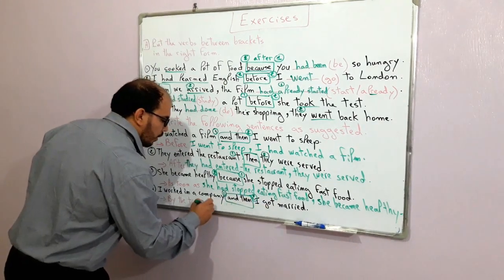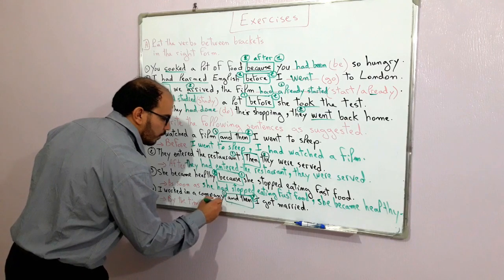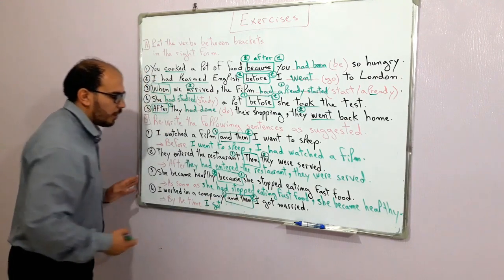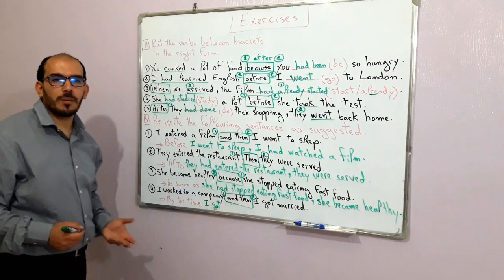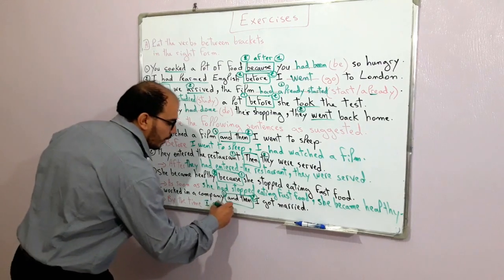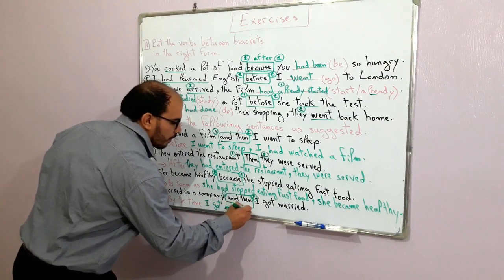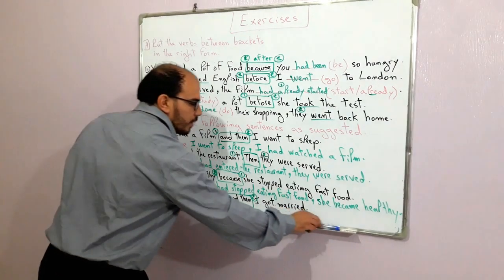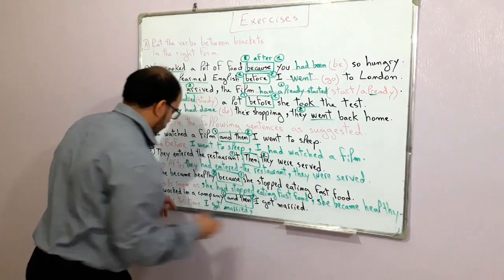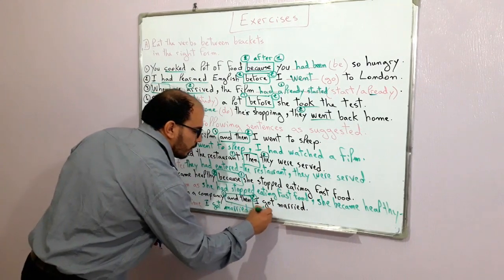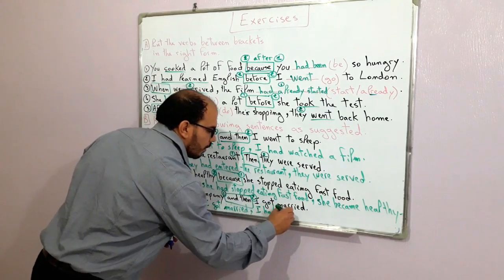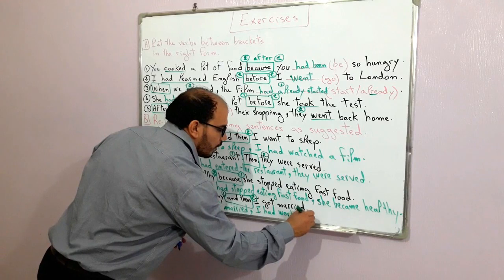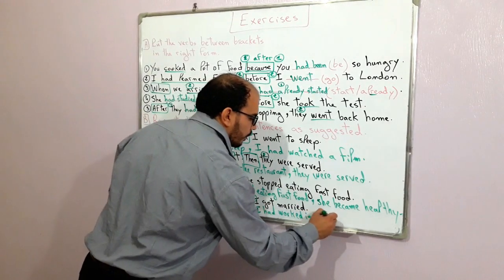By the time I got married, we have to keep it as it is because the verb in activity number two must be written in the simple past. I got married, comma, and now we have to put the verb in the past perfect. I had worked in a company.